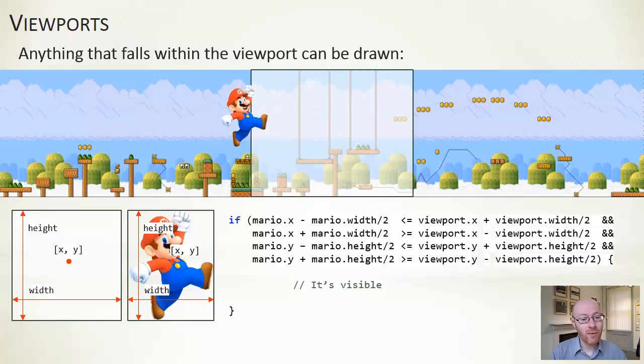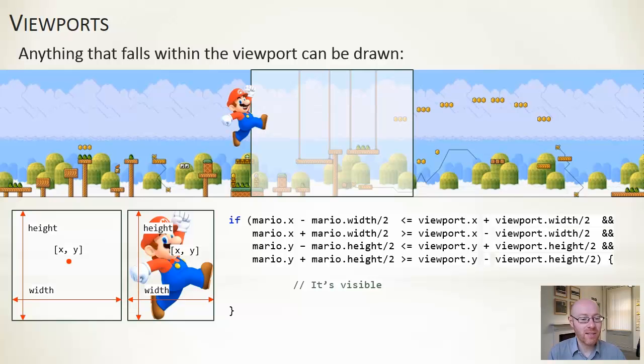Equally, if you look at the left-hand side of Mario, where Mario starts along the x-axis, and compare that coordinate to where the viewport ends along the x-axis, if the start of Mario is after the end of the viewport, that also indicates that Mario definitely isn't visible. You can do exactly the same thing for the top and the bottom.